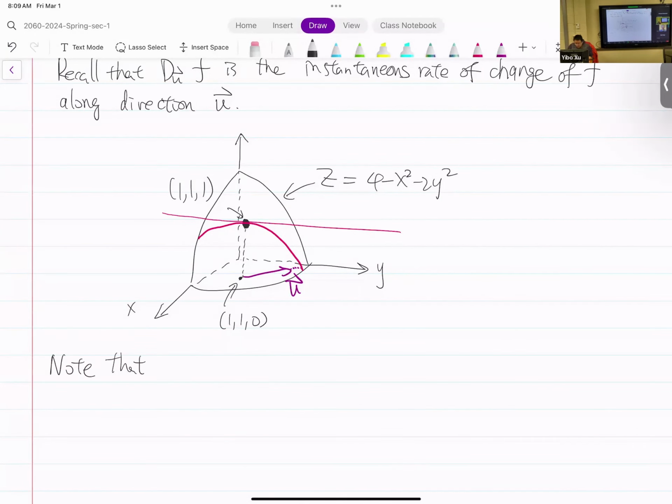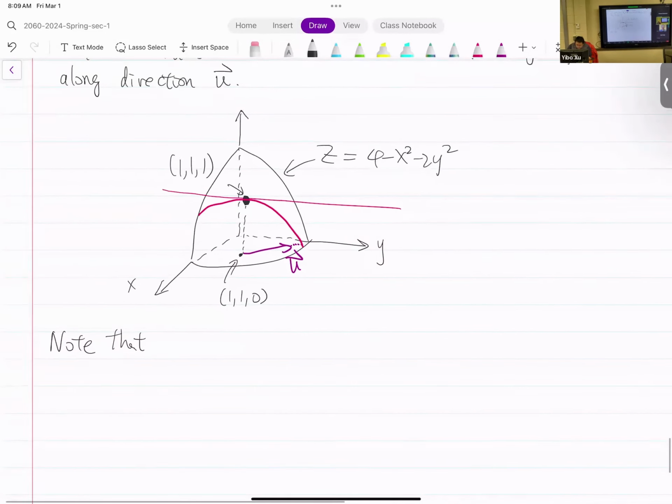Note that, of course, if you change the direction of u, then you will have possibly different slopes of tangents. But then we can think about the maximum and minimum values, right? Because you know that the directional derivative equals the gradient nabla f dotted with our unit vector u.